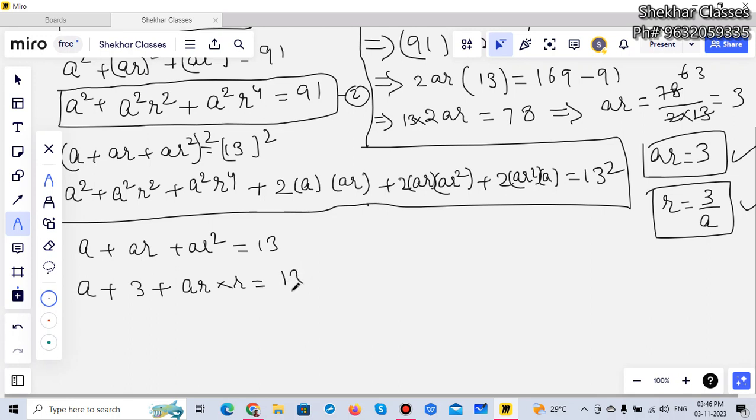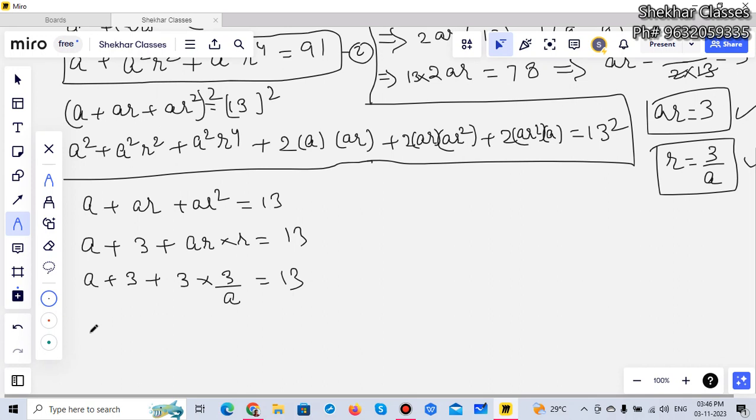I can write 13 here. So I can write here A plus 3 plus, what is AR? AR is again 3 and R is 3 upon A. Solve it. So A plus 3 plus 9 upon A is 13.